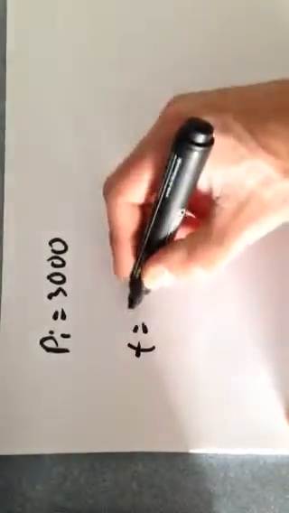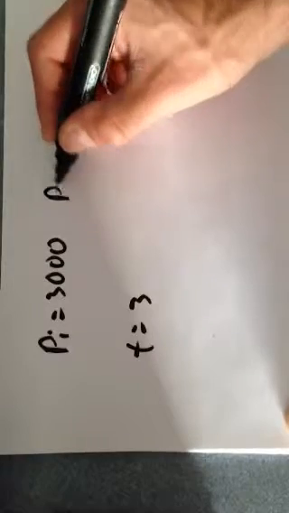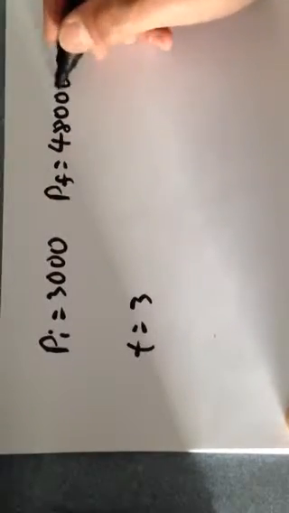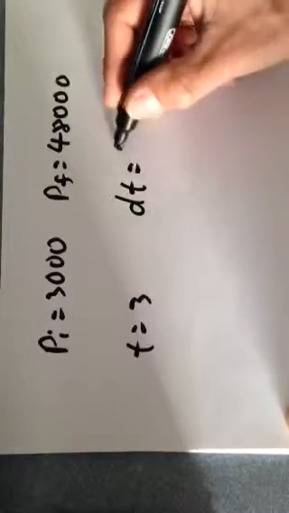After 3 hours, so that means time is 3 hours. There's a population of 48,000, so the final population is 48,000. And the only unknown here is what is the doubling time.